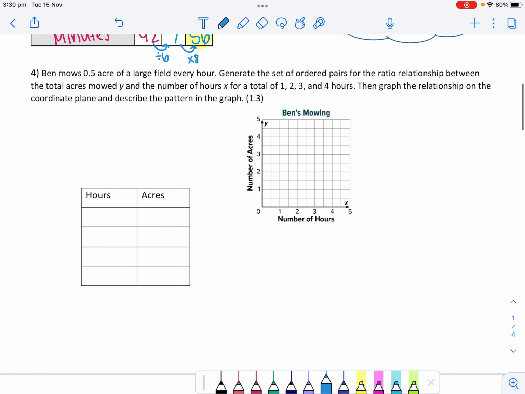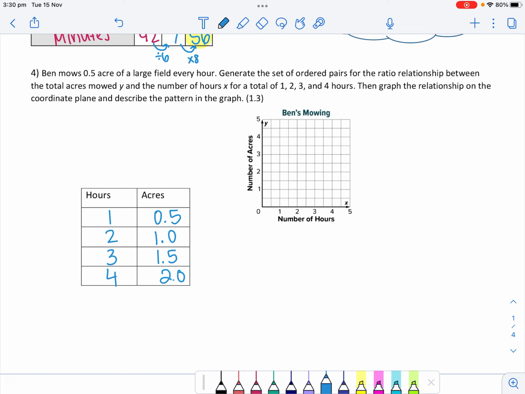Number 4 says Ben mows half an acre of a large field every hour. Generate the set of ordered pairs for the ratio relationship between the total acres mowed and the number of hours. So 1, 2, 3, 4 hours. And then I'm going to mow half an acre, so 0.5 to 1, then 1 to 1.5, and 1.5 to 2.0.